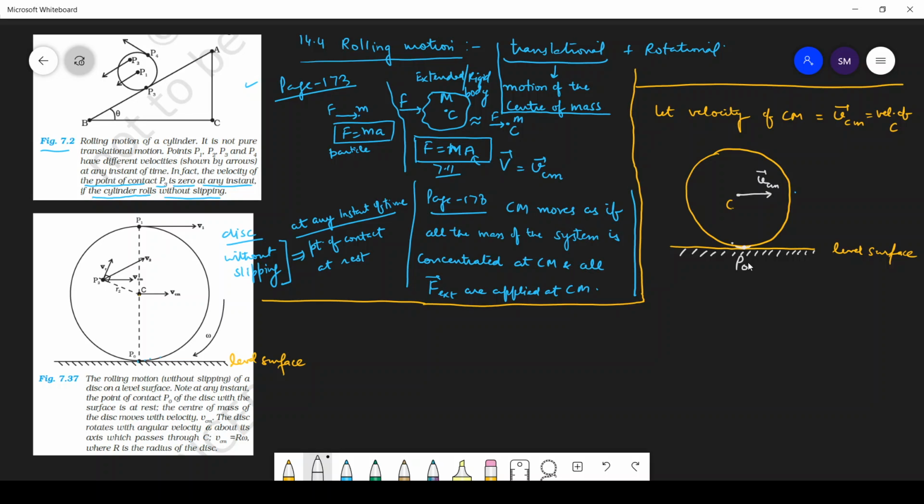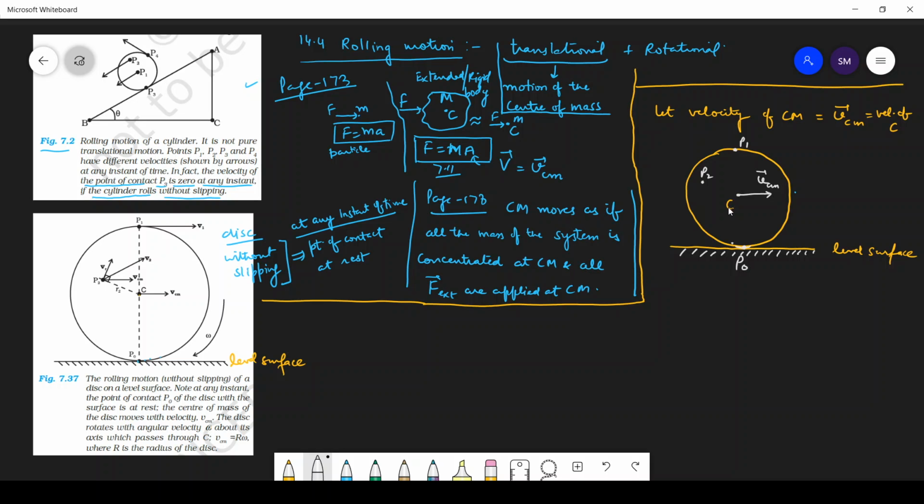We have taken another point over here, that is P1, and another point, that is P2. So the velocity at any point of the disk, like at point P0, P1 or P2, will consist of two parts.